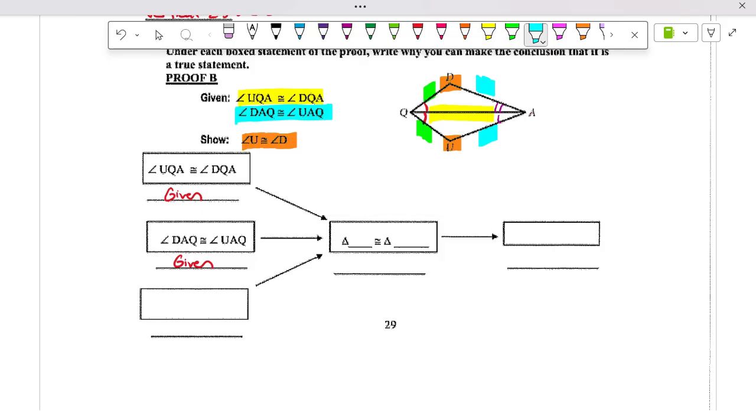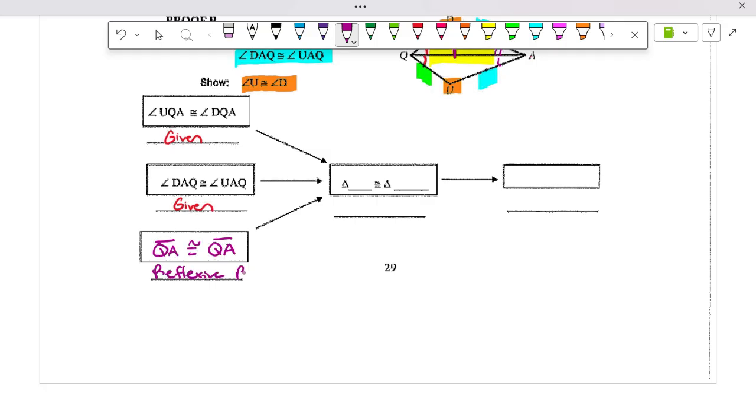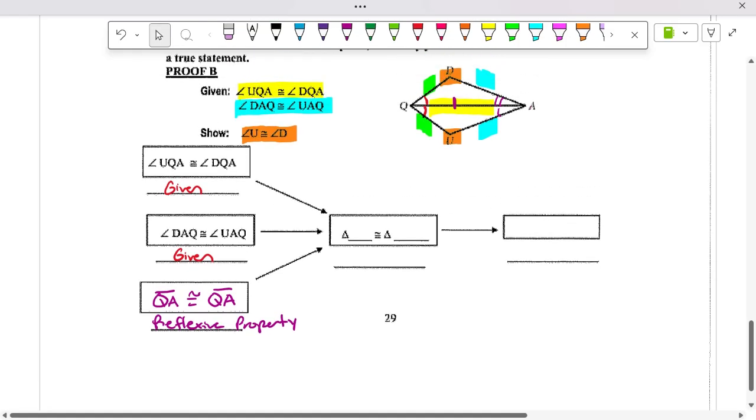I heard it. QA. So I can say QA is congruent to itself. Why? There's a specific property that says we can do that. The reflexive property, which is just a fancy way of saying they share a side, so obviously they have to be congruent.